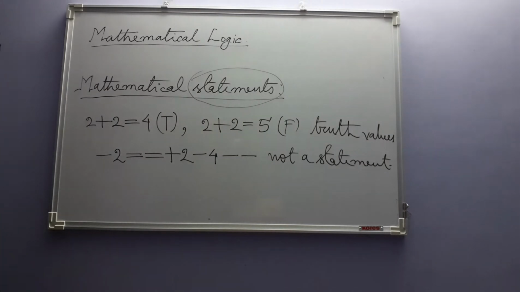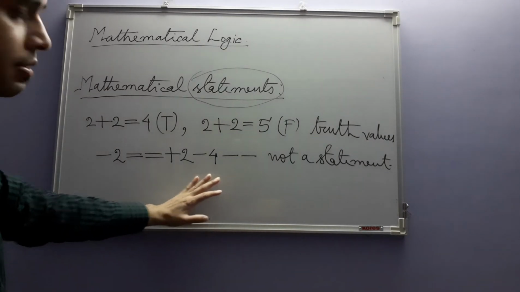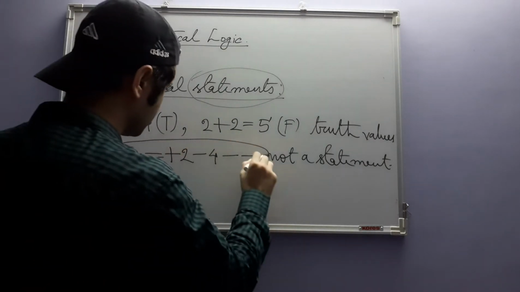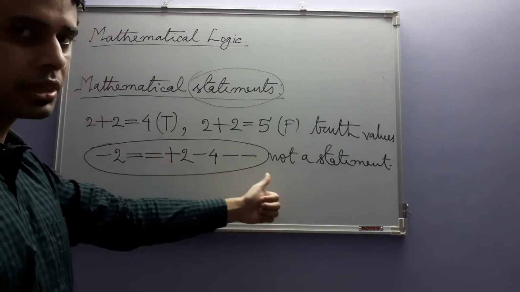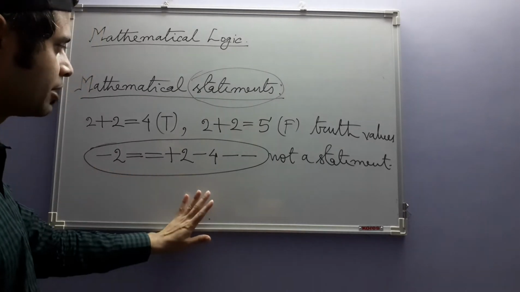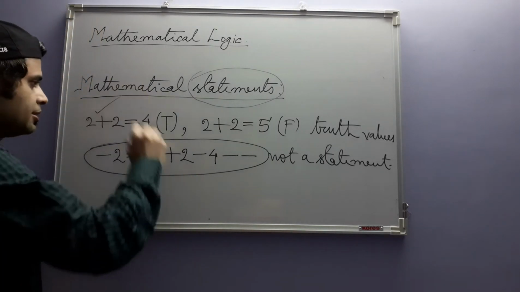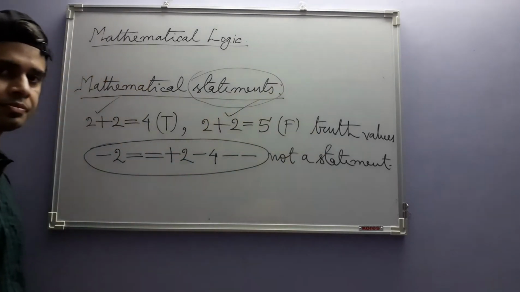It has to make sense. This does not make any sense. This combination of the mathematical objects, that is numbers and symbols, does not make sense. However, these two make sense.